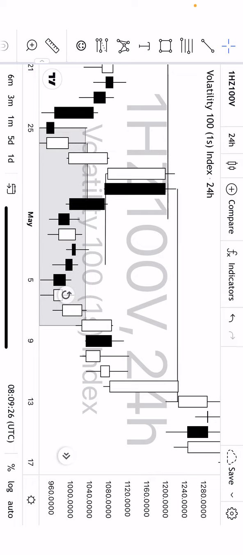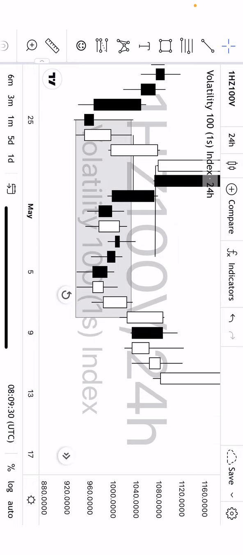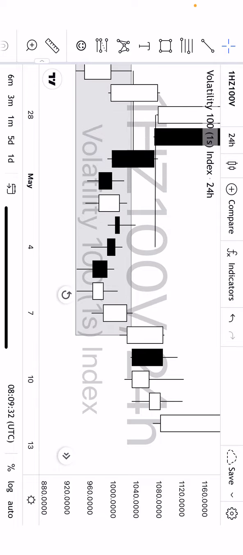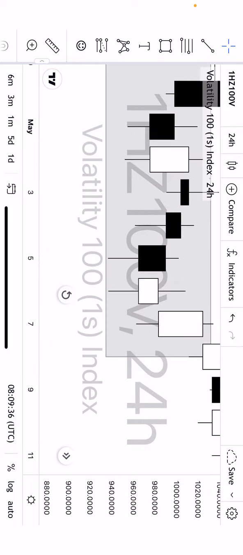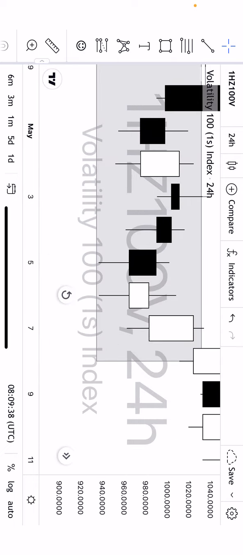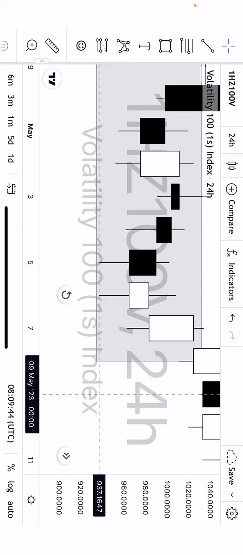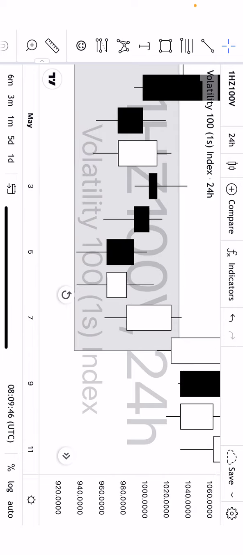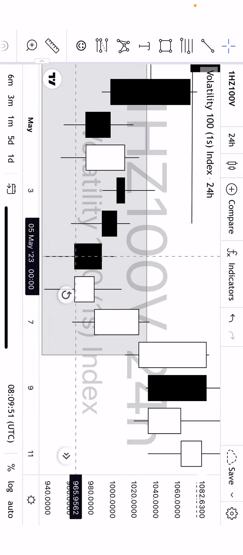So we should be looking out for our sponsored candle at the primary point of interest. So where is our sponsored candle at the primary point of interest? Let's see this, guys. Okay, we had this. This white could not take out this, so this black candle is still our order block.